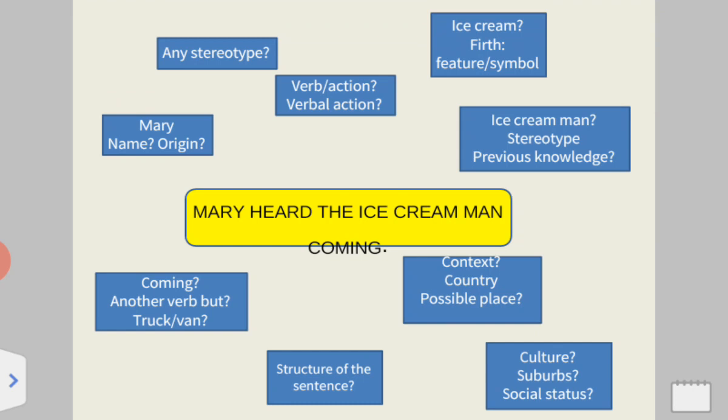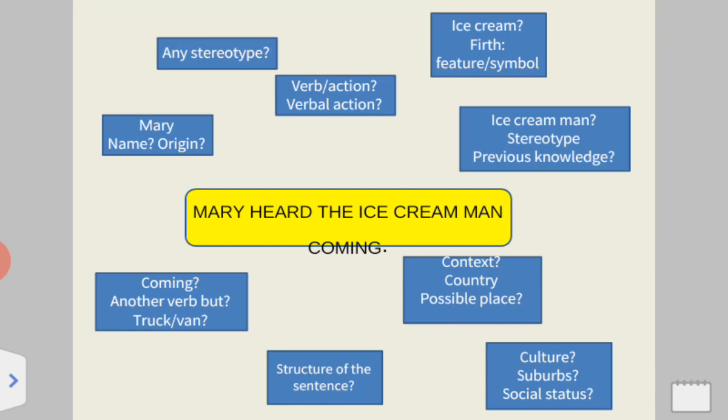Because what means of transportation is he using to come to Mary's, or to get close to Mary, right? Here we have probably that he comes, taking into account the culture, in a truck, in a van, really different from Colombia.